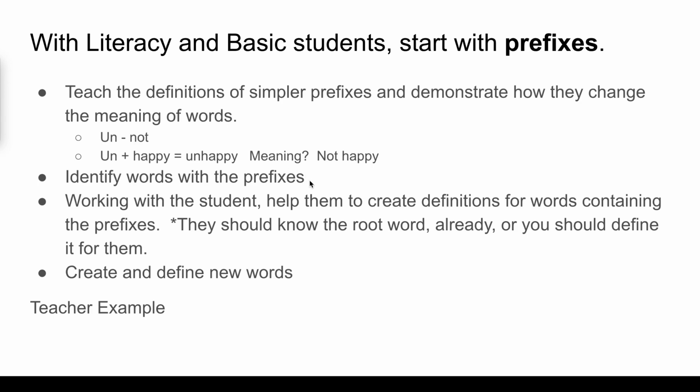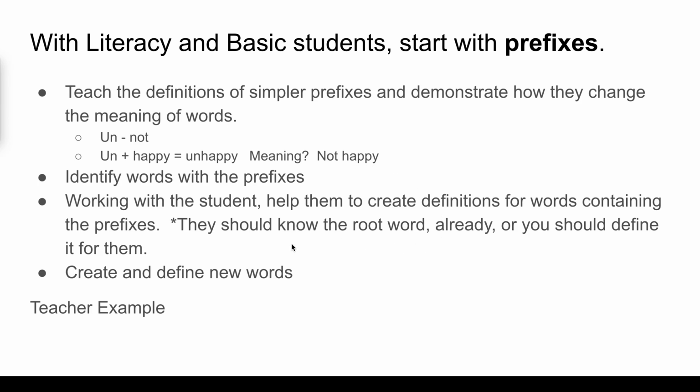So then we would look at a list of words and maybe underline the prefix un or just identify it in one way or another. You would then work with the student to help them create definitions for words that contain the prefix, like unhappy means not happy.